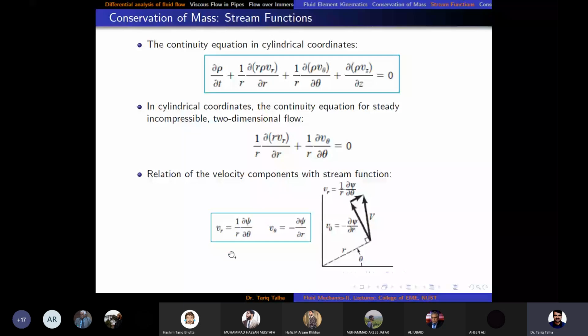Here the stream function is in terms of radial velocity and the angular velocity, which is v theta. They are written here, and we can calculate the velocity from a stream function value. We will see it in the numerical problems, which will be done in the next class.